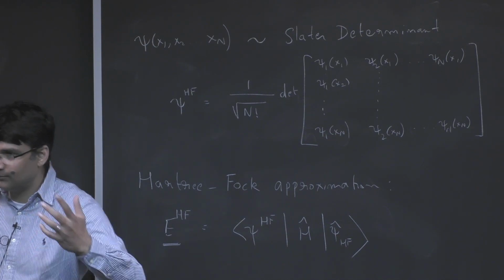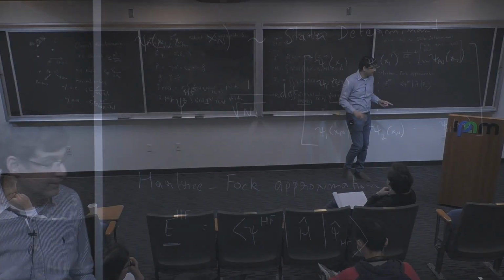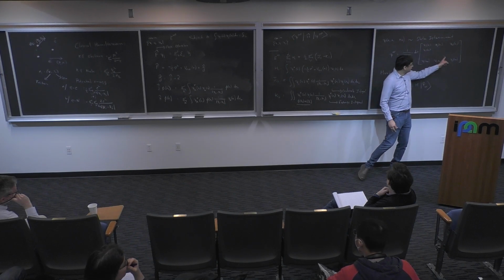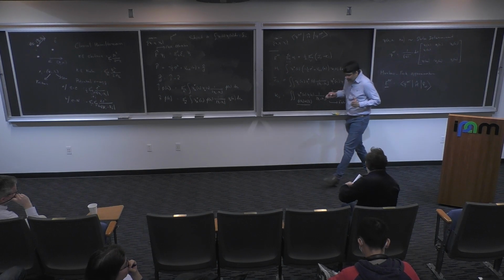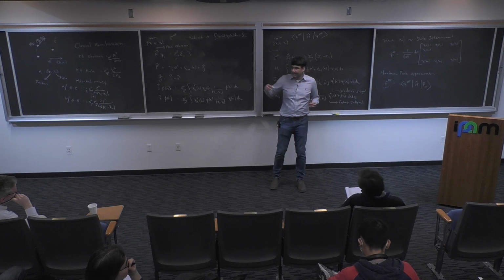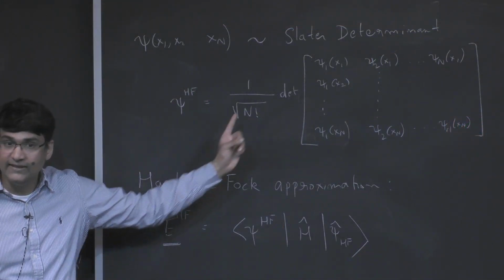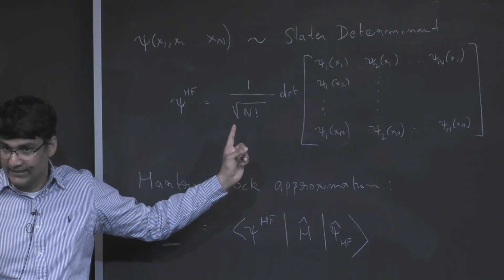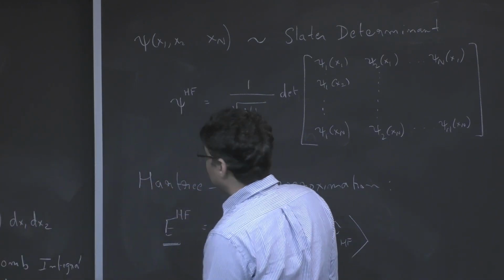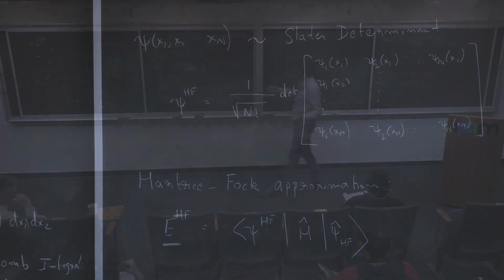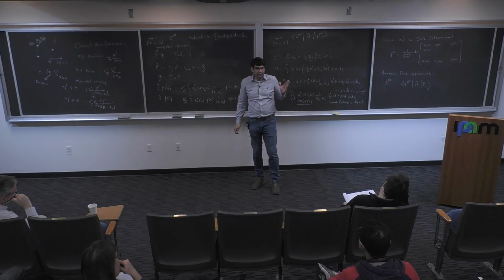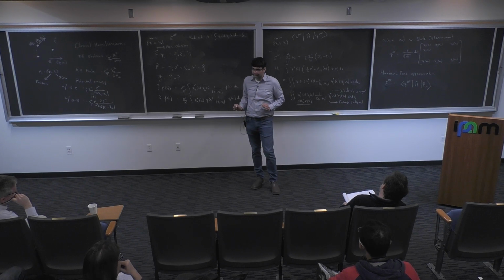I'm not going to write this down, but I'm just going to speak as to what the main idea over here is. So let's say instead of just taking n functions, we take m functions where m is greater than n. Then we can get m choose n such Slater determinants. And then the wave function that we eventually want to compute, the many-body wave function, can be expressed as a linear combination of these m choose n Slater determinants.